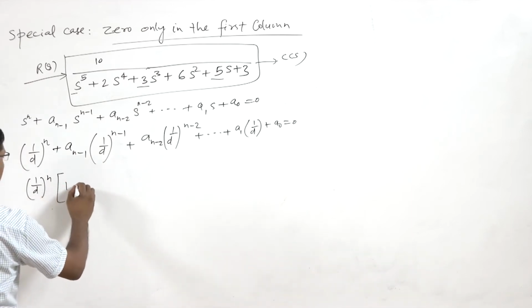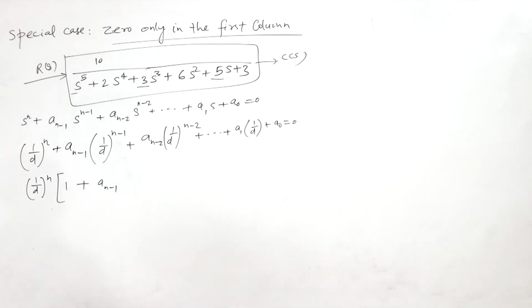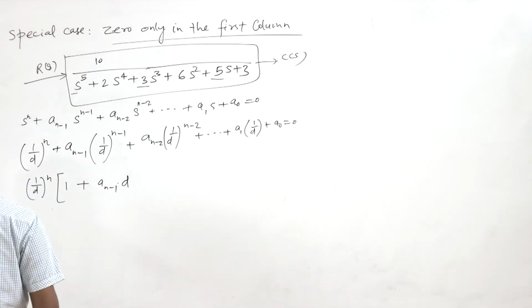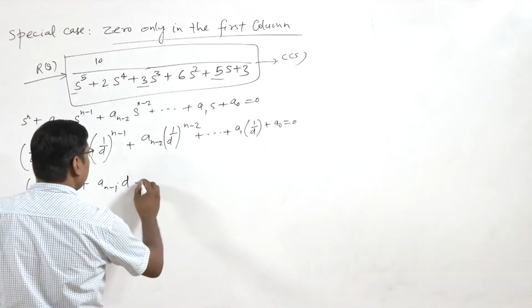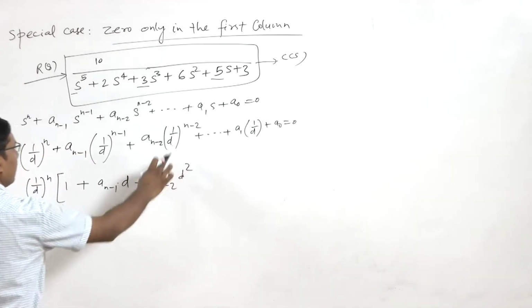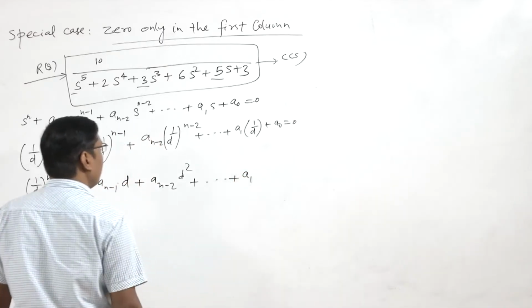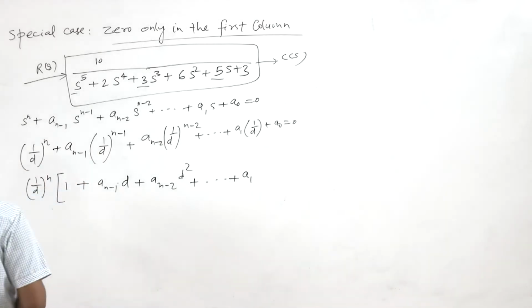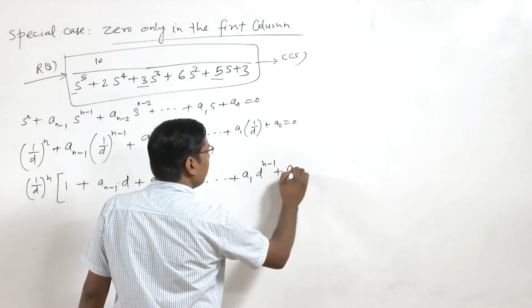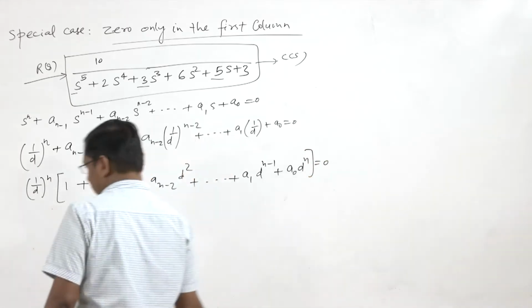So this is 1 plus a n minus 1 into d plus a n minus 2 into d square, up to a1 into d power n minus 1, plus a0 d power n, and that is equal to 0.